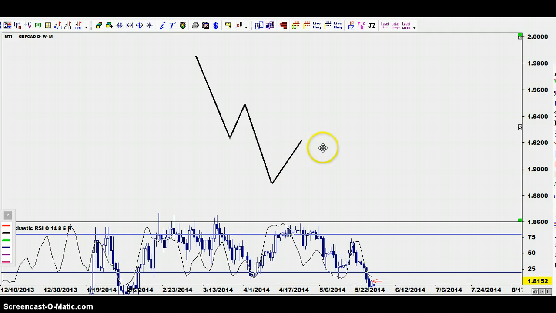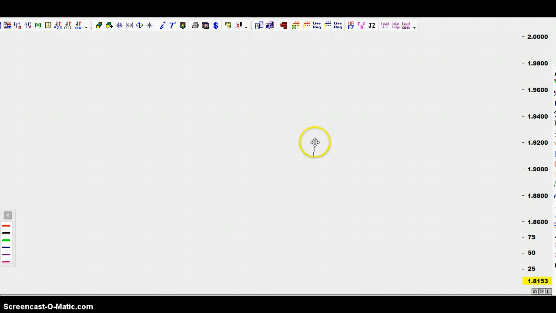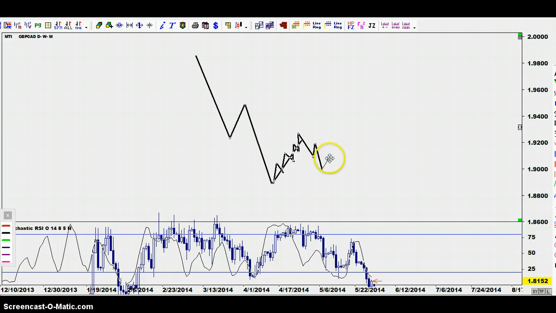On a daily chart now, what we need to pay attention to is this move, because we're looking for entries. At the moment, we're seeing the market going up, so we're looking for this turning point here. If there is a turning point, we want to see a turning point that's coming back down, so we can see that it is an actual turning point.